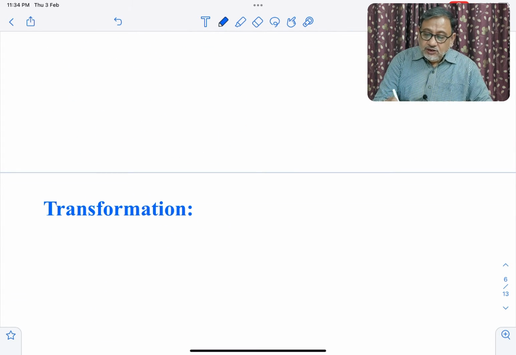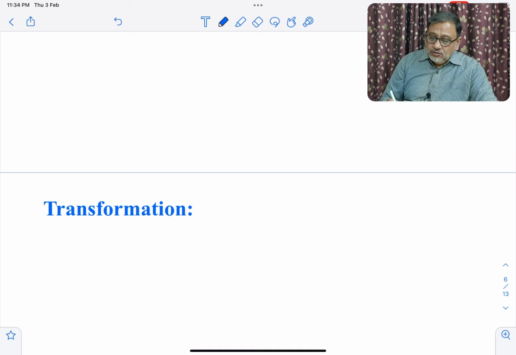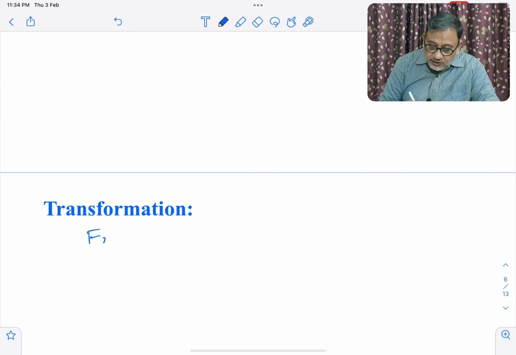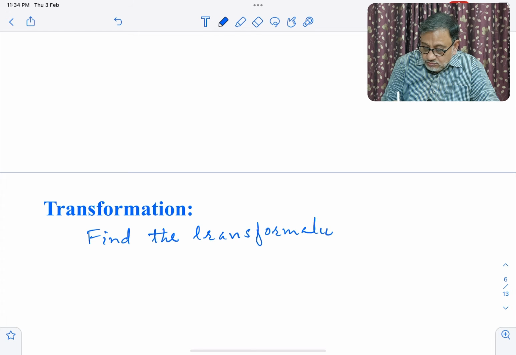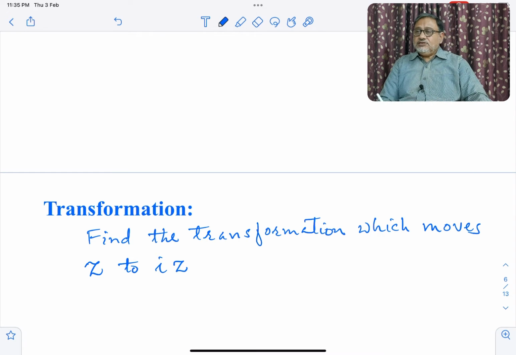Then now transformation. Transformation means shifting, or translation. So what we want to find here? We want to find the transformation which moves z to iz. I am taking one example just like that.